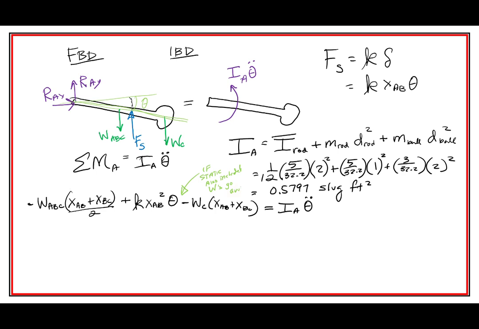Now, how do I know that? Well, because the W's are constants right here, right? They don't have a theta in front of them, so they're not going to be related to the dynamics of the situation. That's another way we can put it.